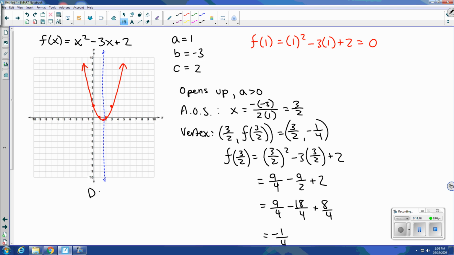There's no application or context that would restrict that. In range, the lowest value it goes is that lowest output value associated with the minimum, which is negative 1/4, and it goes up forever. So that will conclude the video on graphing quadratics, examples that include both vertex form and standard form.